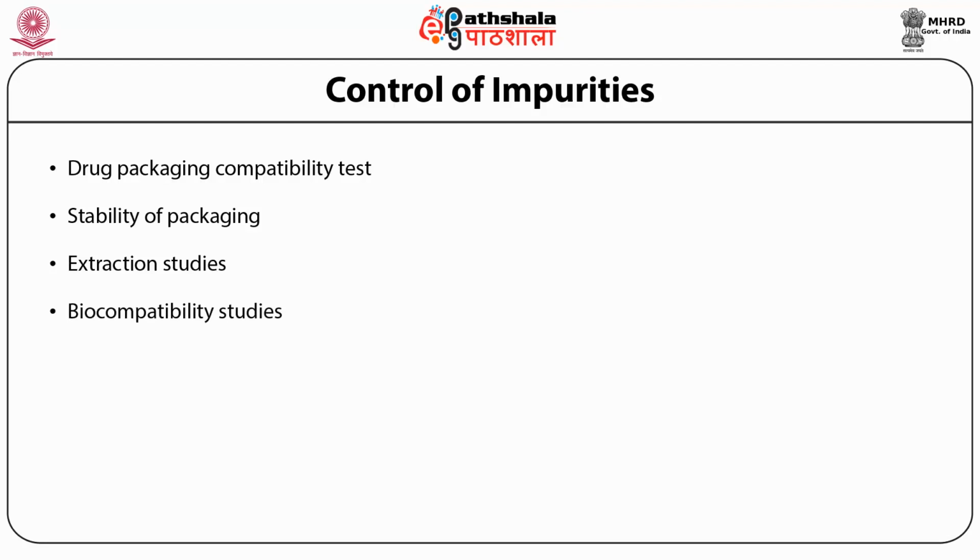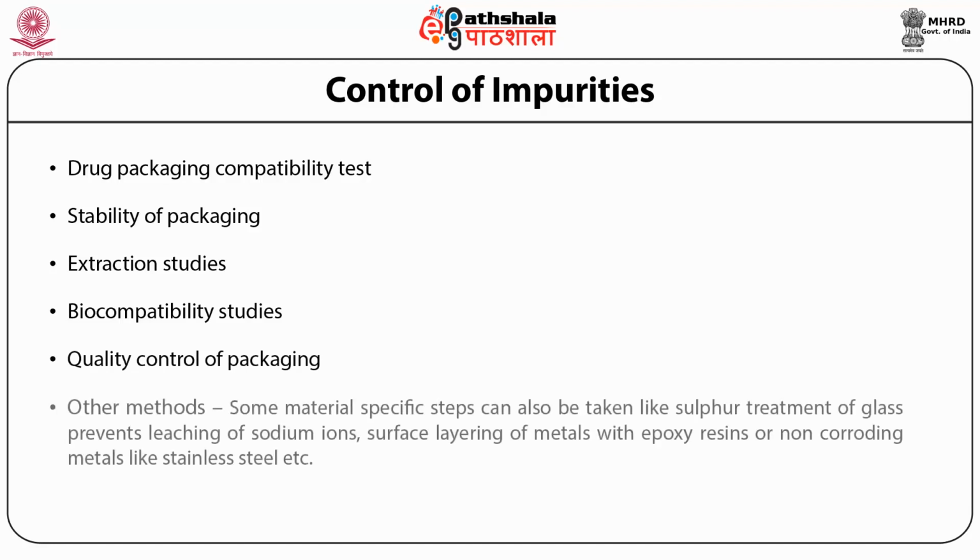Then the last one is the quality control of the packaging material, which is also very important. And other methods, some material specific steps can also be taken, like the sulfur treatment of the glass prevents the leaching of sodium ions. Surface layering of the metals with epoxy resins or non-corroding metals like stainless steel, etc., are generally performed in order to control the impurities given by packaging material.